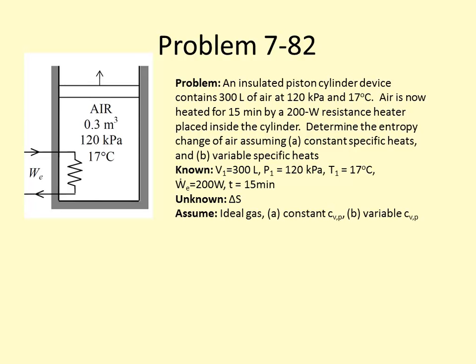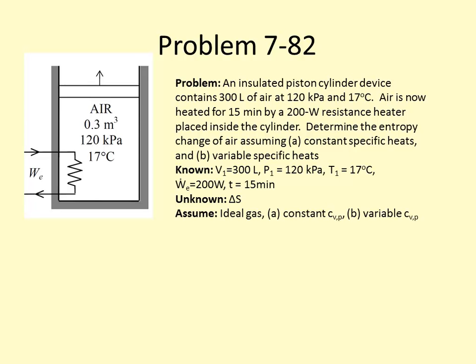Delta S for the system is equal to M times S2 minus S1, which is equal to M times C sub P average, natural log of T2 over T1, minus R, natural log of P2 over P1. And this M is multiplied by everything. And then we need to solve for the final, well, we know the pressure is going to be set.